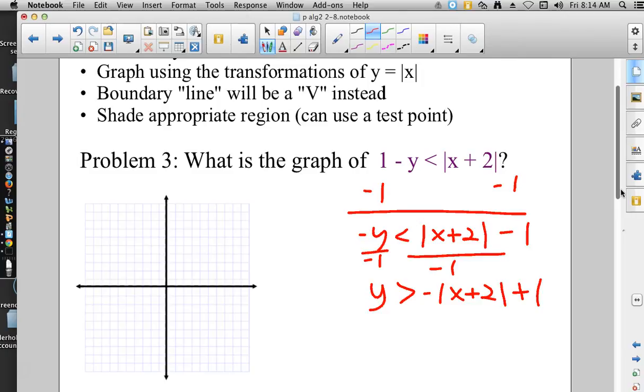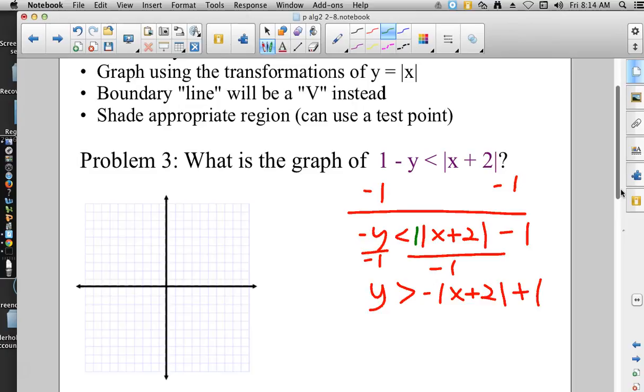Remember, there's a little imaginary 1 out in front of that absolute value. It's 1 times that quantity, absolute value of x plus 2. So 1 divided by -1 would give us a -1 in front, and then -1 divided by -1 would give us a +1 back here.